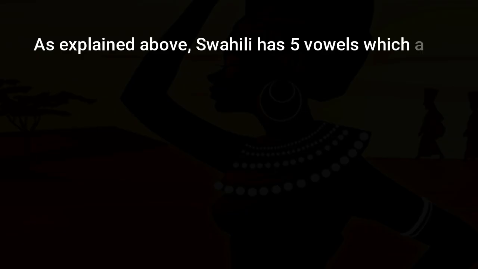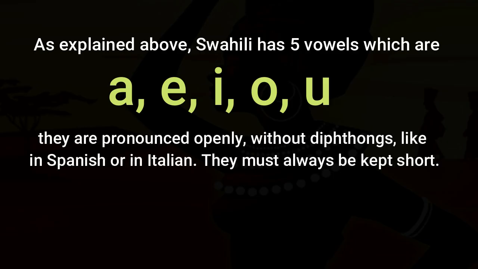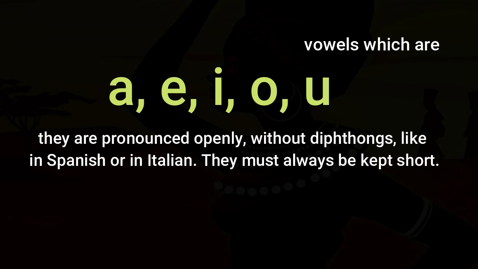So as explained above, Swahili has 5 vowels which are A, E, I, O, U. They are pronounced openly without diphthongs like in Spanish or in Italian. And then they must always be kept short.